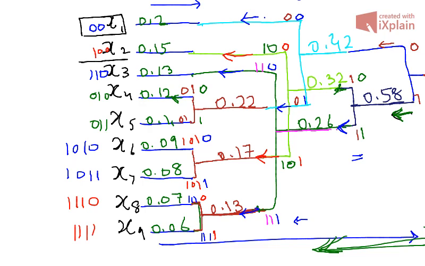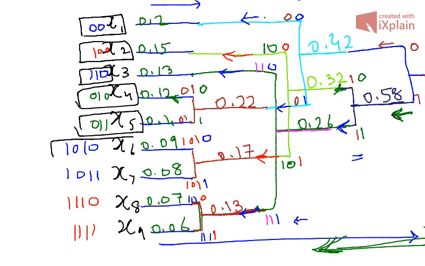Similarly, x3 has a 3-bit code 110. x4 has a 3-bit code 010. x5 has a 3-bit code 011, and x6 has a 3-bit code 100.